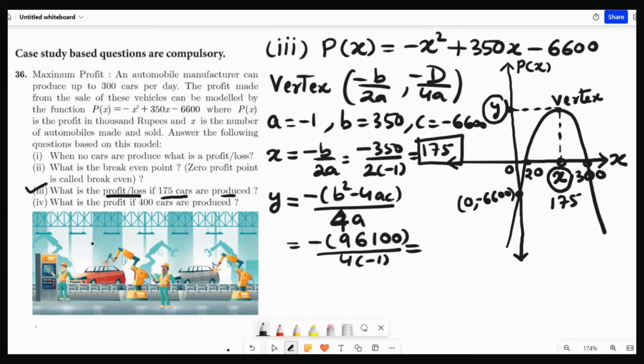When we divide, we get 24,025, and this is the maximum profit that the automobile industry can get. So the vertex coordinates are (175, 24,025). That means 175 vehicles manufactured give a maximum profit of 24,025. Okay, so that is the third part.